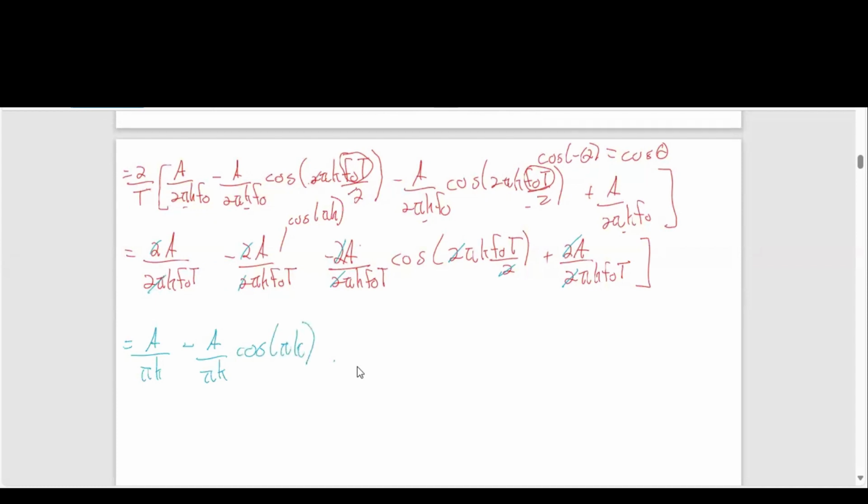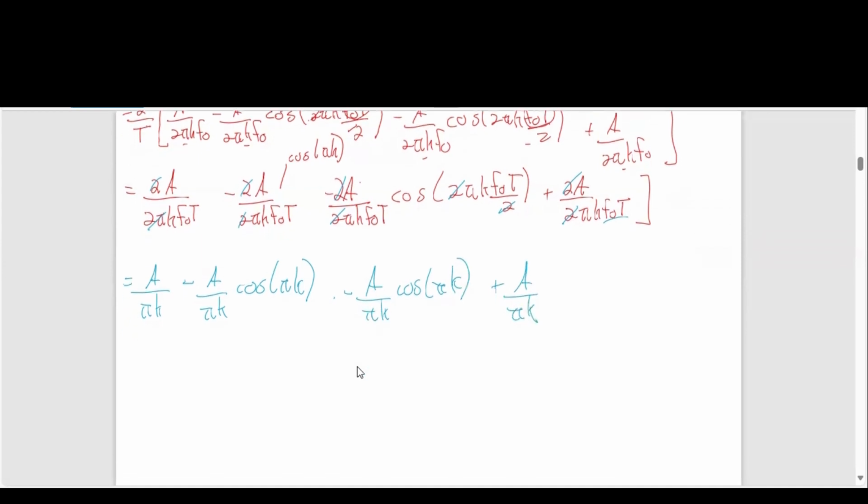And then this one here will be minus a on pi k cos of pi k, because the 2's cancel and f naught t is 1. And this one here, 2's cancel, f naught t is 1. So it'll be a on pi k.